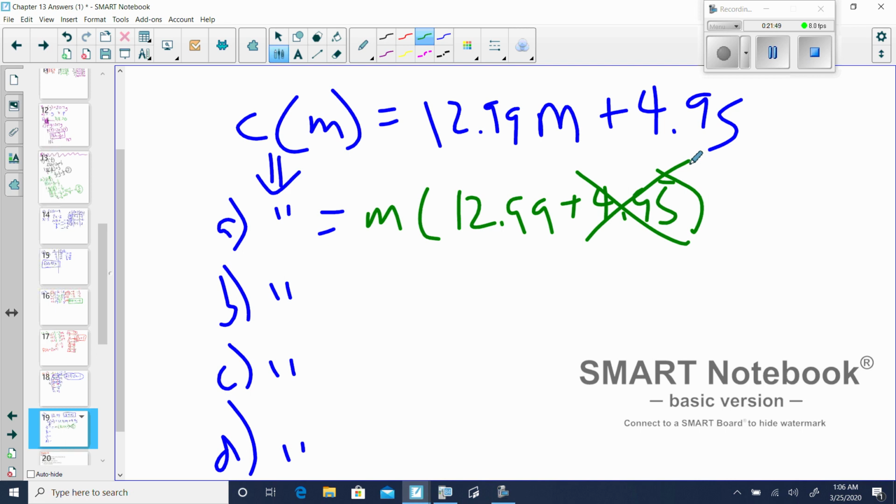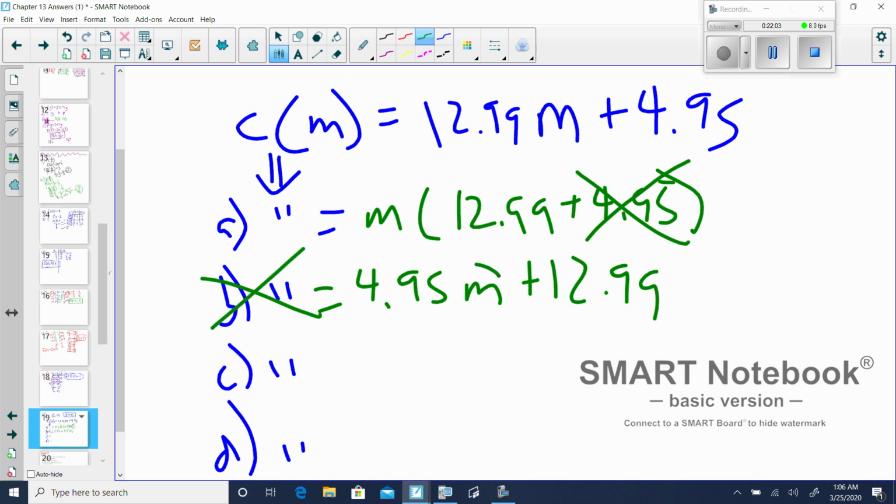So that's out. For B, we have $4.95M plus $12.99, which is wrong because it's $12.99 per CD, not $4.95 per CD. So they put the M next to the incorrect number right there.